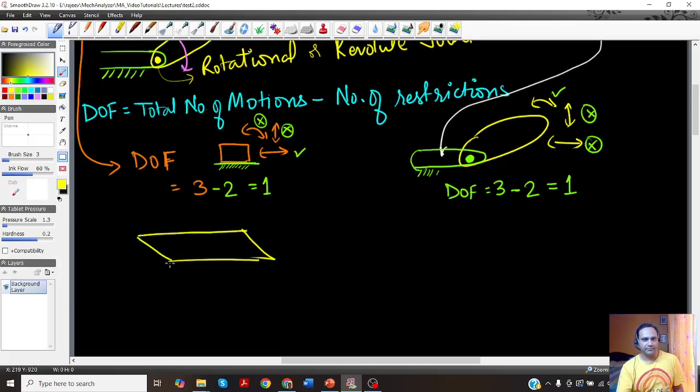Let's say I have a cuboid and there's a hole, again kind of a rectangular hole, and I insert one more part which looks like this.